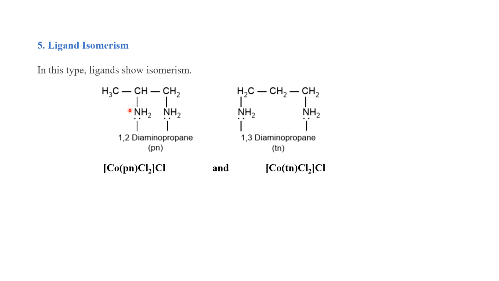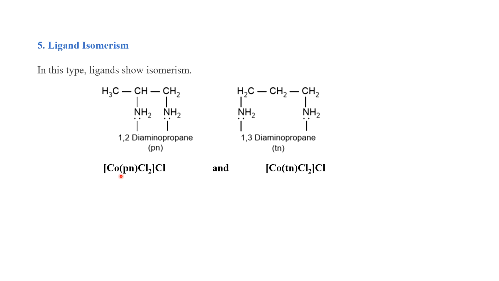Okay, so let us move to the next one, which is called ligand isomerism. In this isomerism, the ligands show isomerism. How? You see, this is a ligand which is 1,2-diaminopropane, and this is 1,3-diaminopropane. Now their formula is the same, so they are isomers. In short, this is called PN, this is TN.